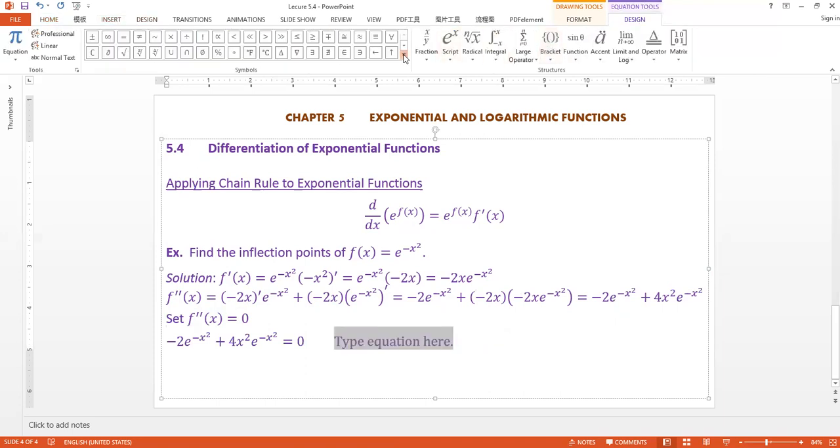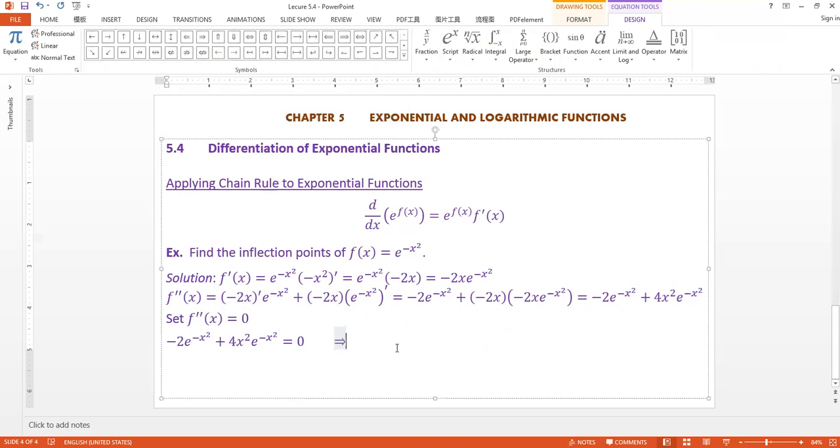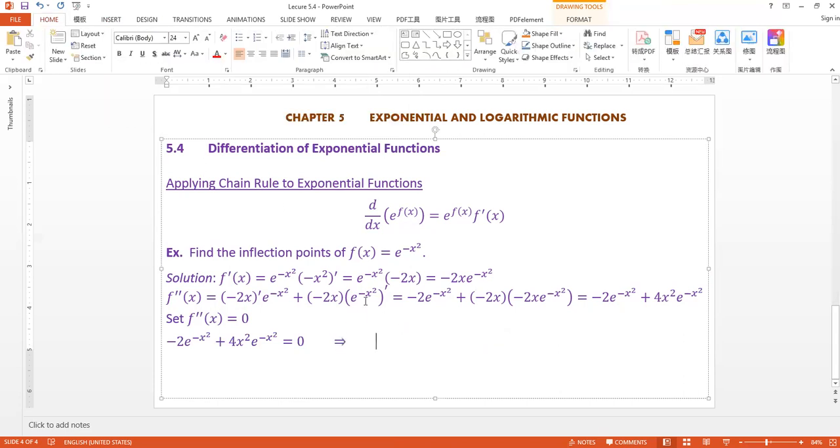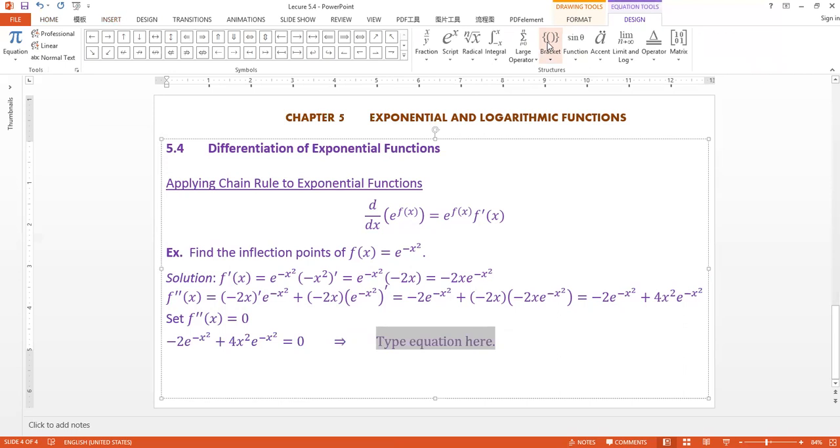If we factor out e to the negative x squared, it just becomes a quadratic equation. So why don't we just factor out e to the negative x squared?